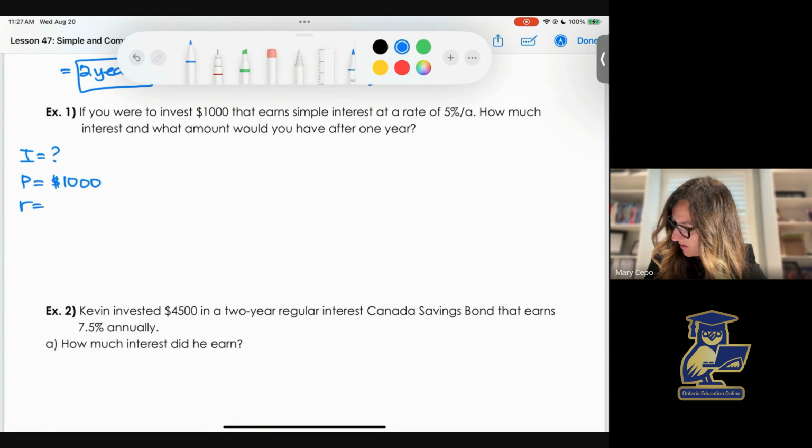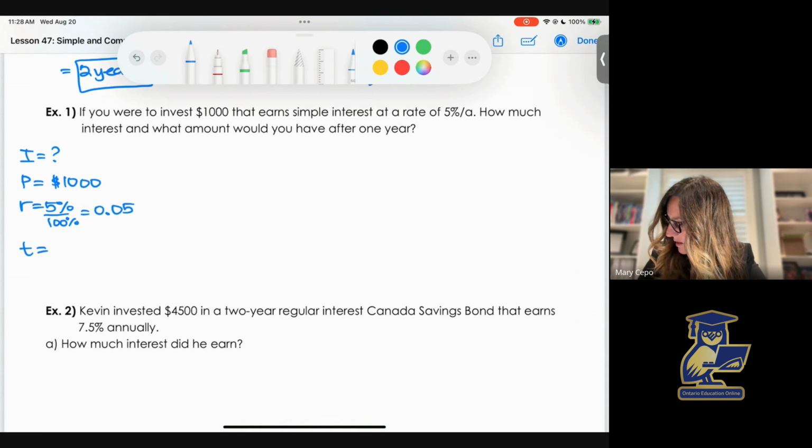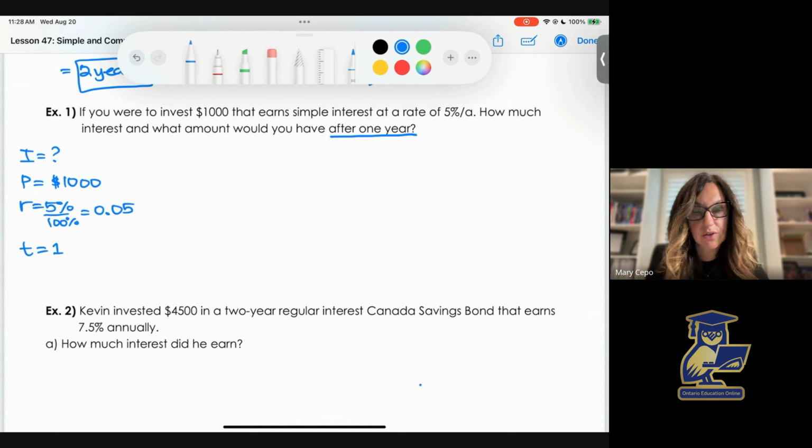The rate is 5%, so remember, you divide that by 100, which is 0.05. T is the time, and it says after 1 year, so T is equal to 1. If it was given in terms of months, weeks, or days, you have to convert the time to years.